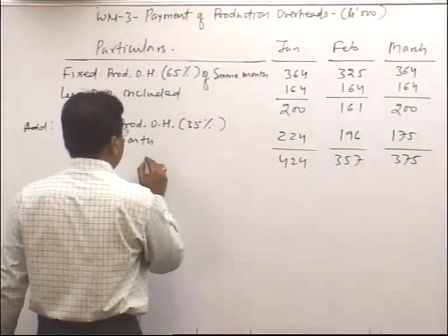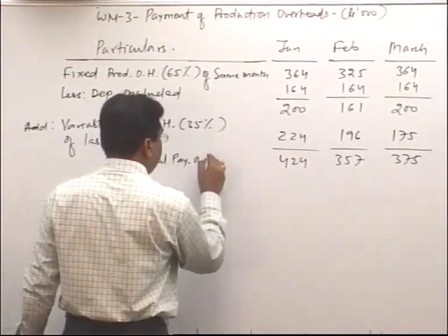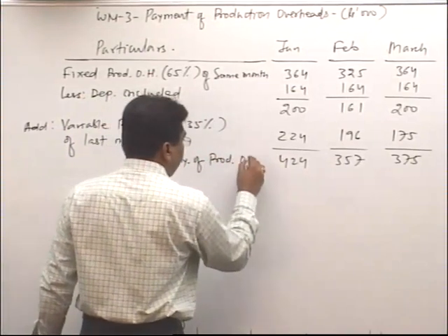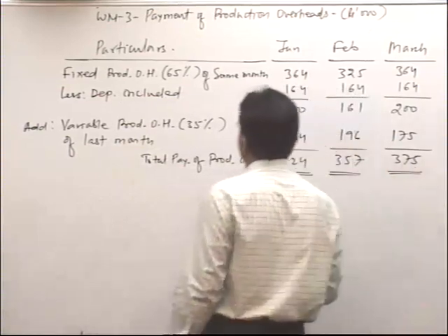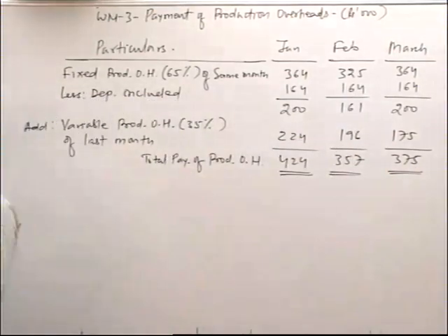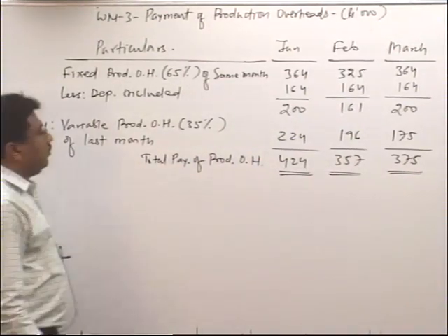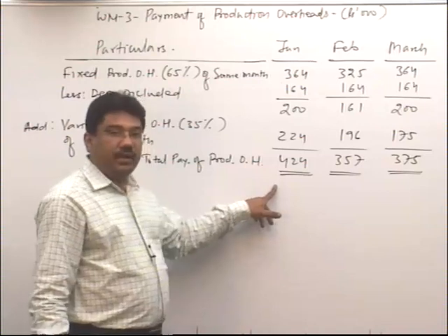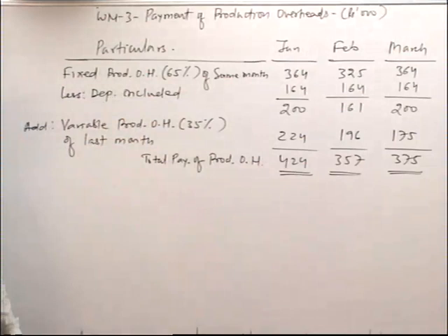So this is the total payment of production overhead month-wise. So these three figures will go to cash budget on payment side. By this we finish working note 3.